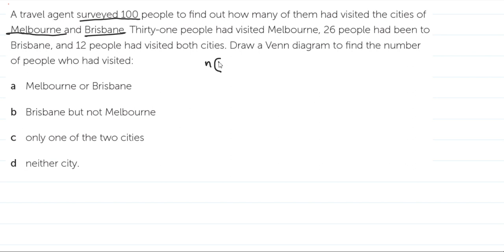We have the number of universal set, which is 100. Then the number of people who have visited Melbourne: 32 people have visited Melbourne.